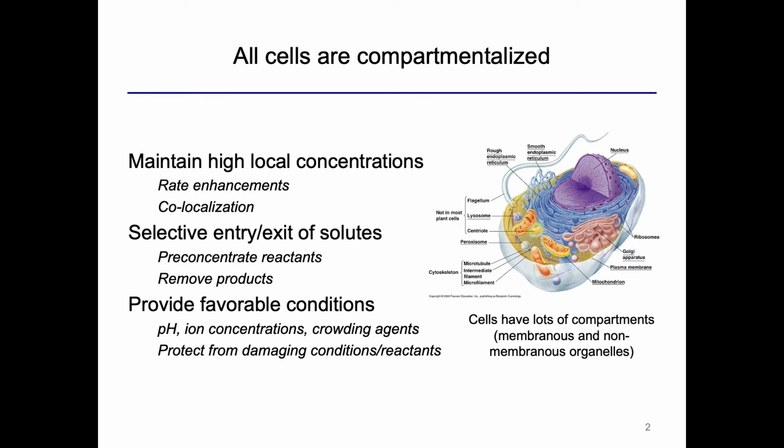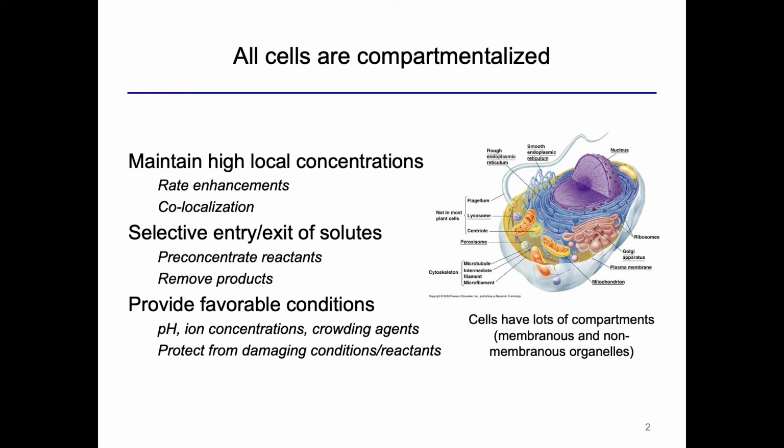Why do I care about compartments? Because all cells are compartmentalized, and cells use both membranous and non-membranous organelles to compartmentalize biomolecules and regulate reactions, which is important for controlling cellular activity necessary for life. And here are listed advantages of compartmentalization.